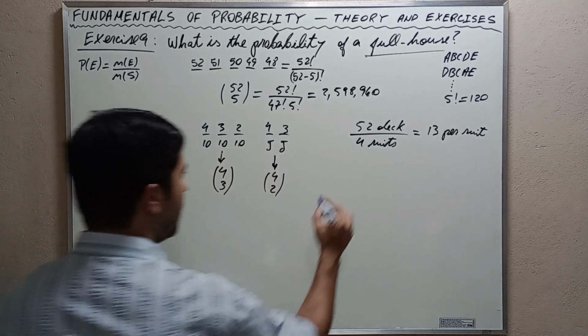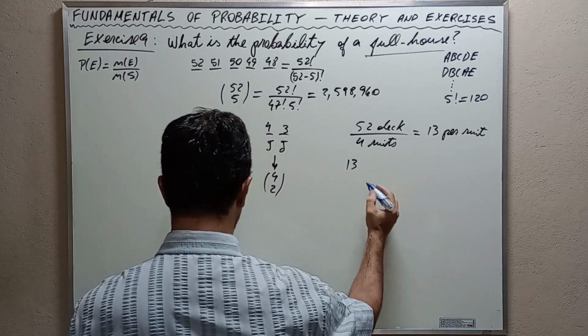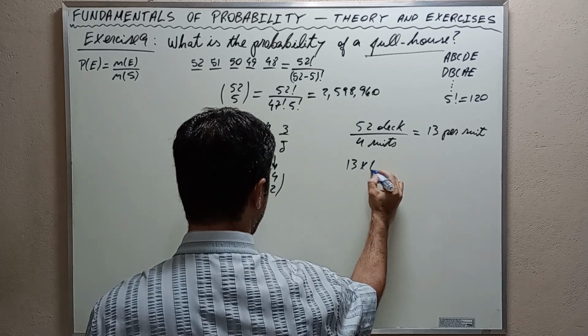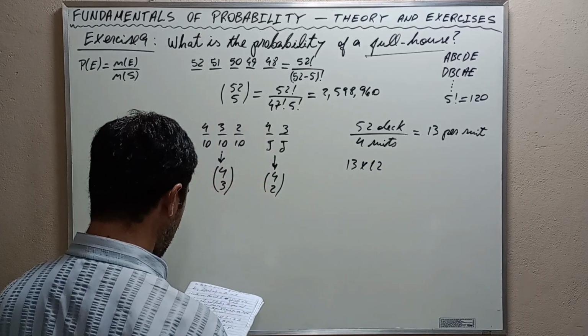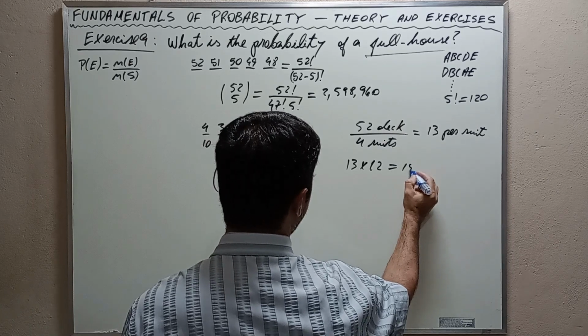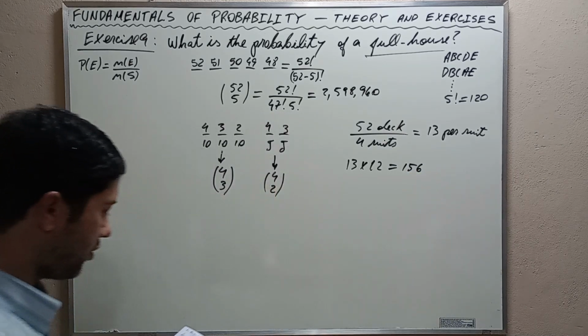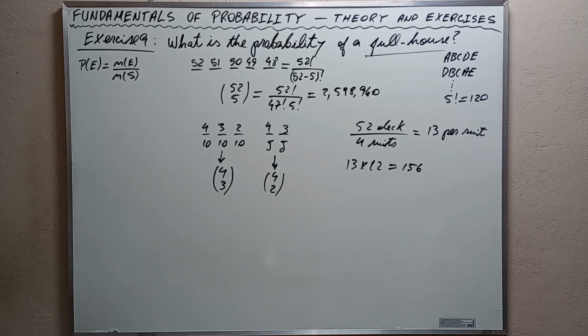And multiplying then 13 times 12, which is 156 possible arrangements for the triplet and for the pair, okay?